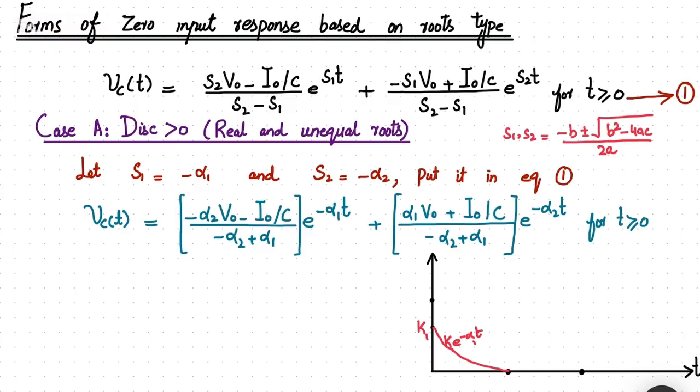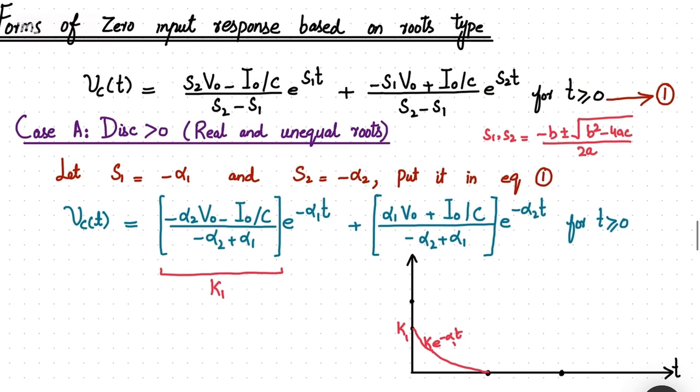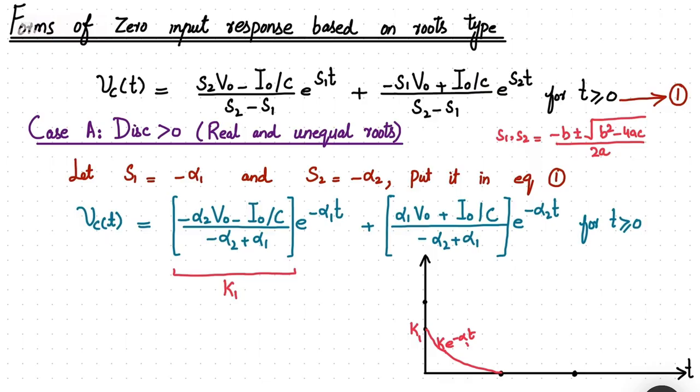It means this term would be representing k1, and I'm calling this factor k1 because this is a constant coefficient. And this value was the value that we calculated for k2. So for the second exponential function, let's say this is k2, and the sketch of the second exponential function is like this.